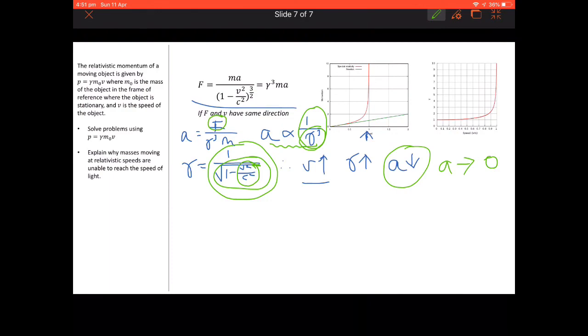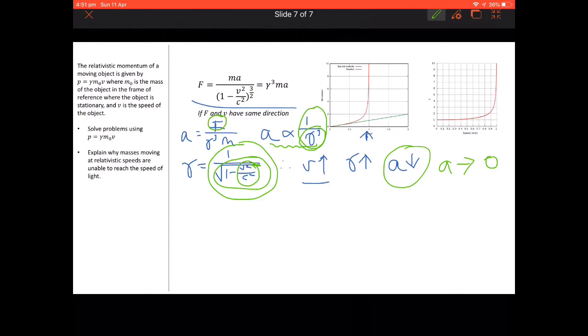This is why the speed of light, c, is sometimes referred to as the cosmic speed limit, because as acceleration reaches zero when velocity becomes equal to the speed of light, the speed can't be accelerated beyond c because acceleration has already reached zero.